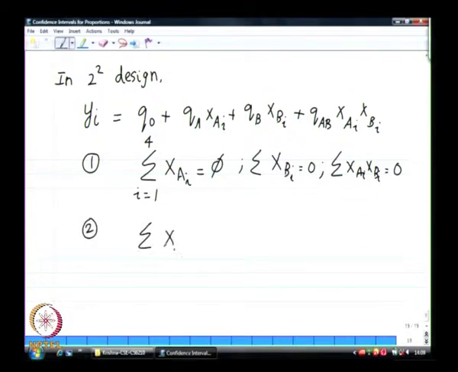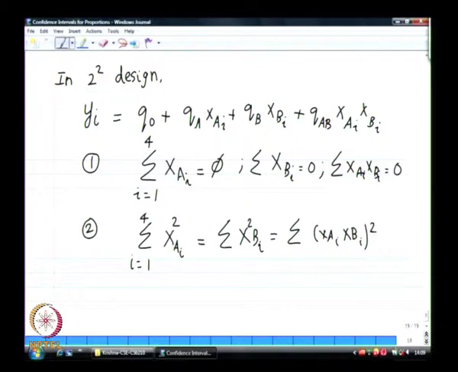And if I add up the squares, if I square up each number, the sum is 4, okay. Then how about the dot product of any 2 columns except that I column?